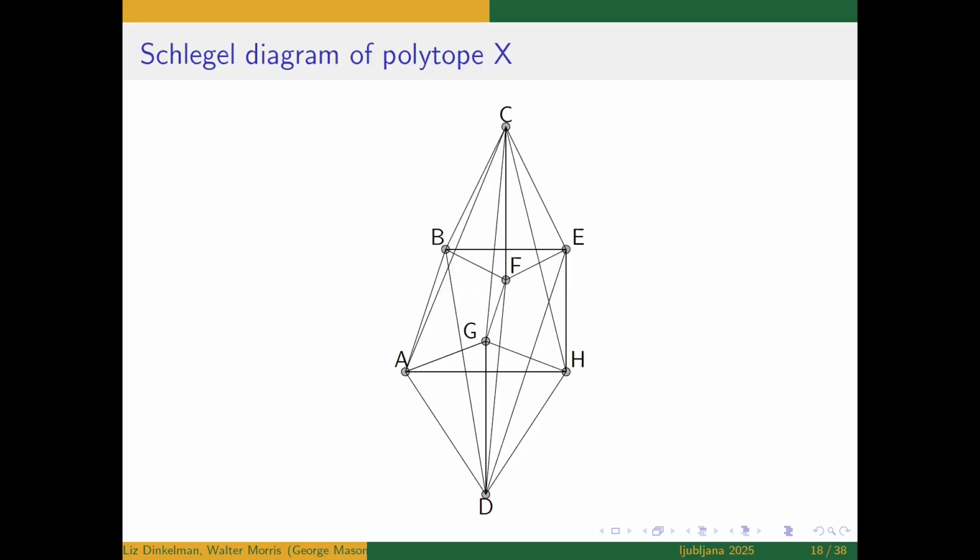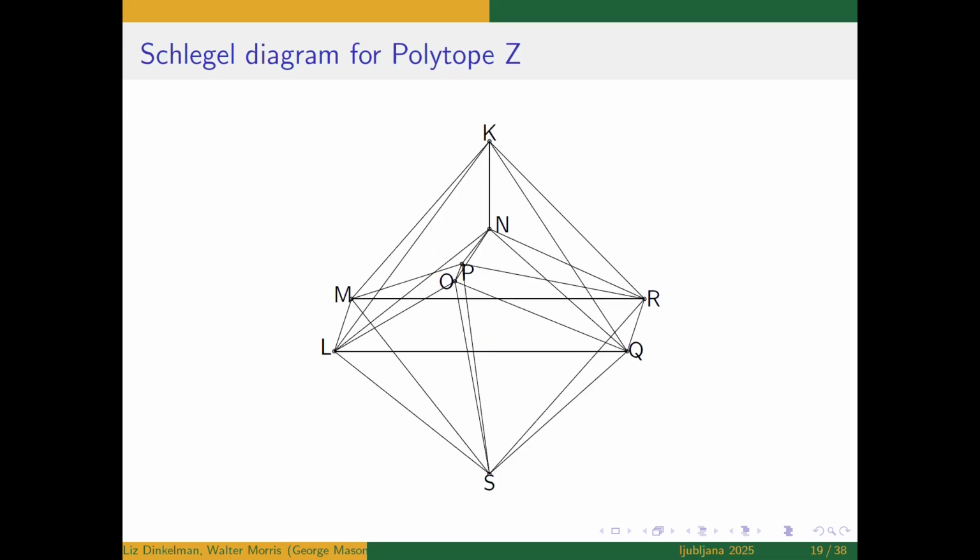so this is the Schlegel diagram for Polytope X. It's just a 3-dimensional representation of the 4-dimensional polytope. And you can see the outside of this drawing is a facet, which is an octahedron. This is the Schlegel diagram for Polytope Z. And Polytope Z has 2 facets which are octahedra.